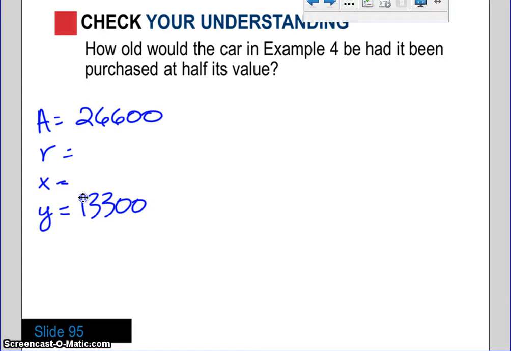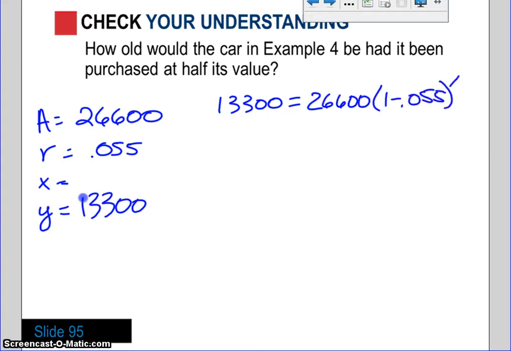We knew that the interest rate was 5.5%, so as a decimal, it would be written as 0.055. Plugging that into my formula, I've got 13,300 equals 26,600 times 1 minus 0.055, all to the x power.